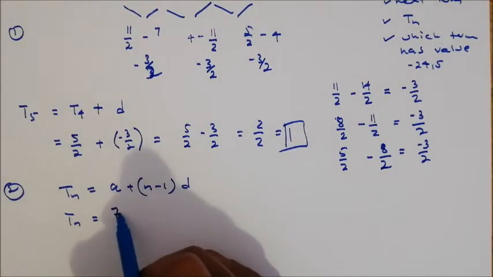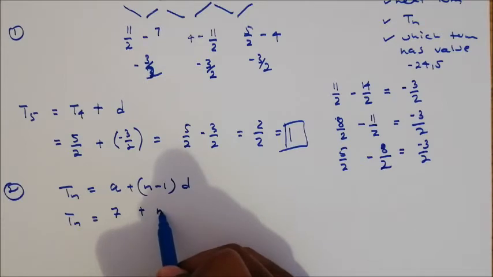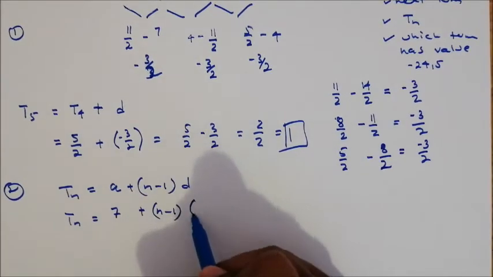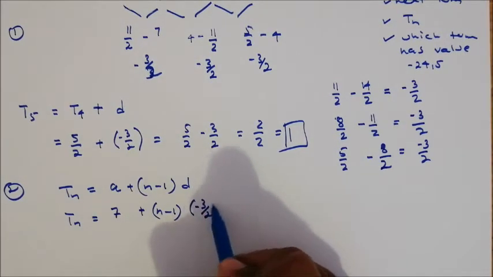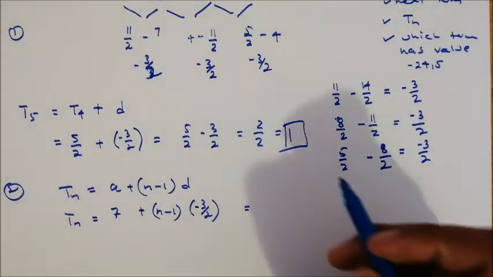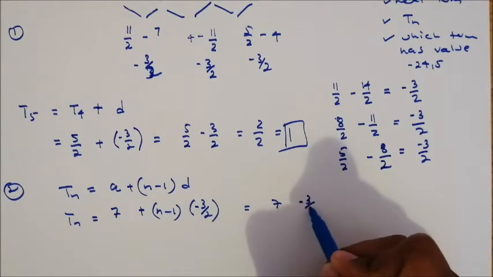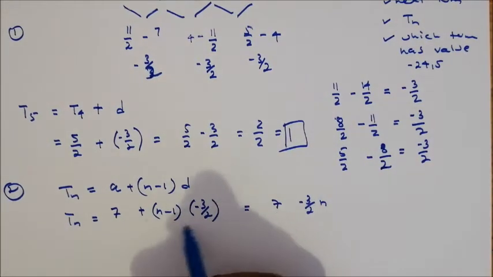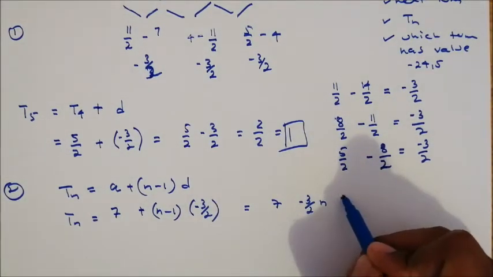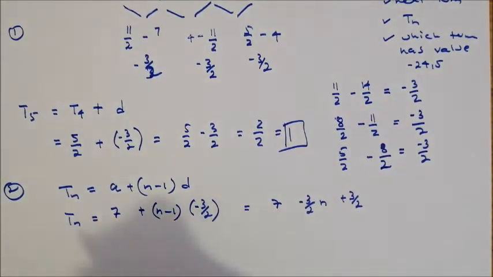Which is 7, plus n minus 1, then d is minus 3 over 2, right? Then we continue here, 7 minus 3 over 2 times n, this one right here. Then negative 1 times negative 3 over 2, that's plus 3 over 2.